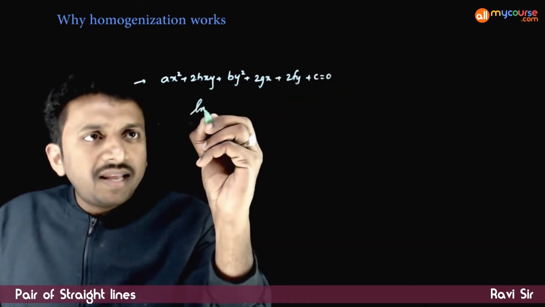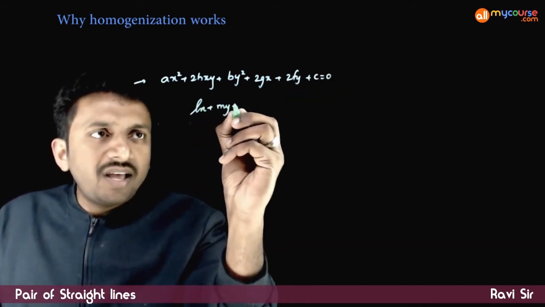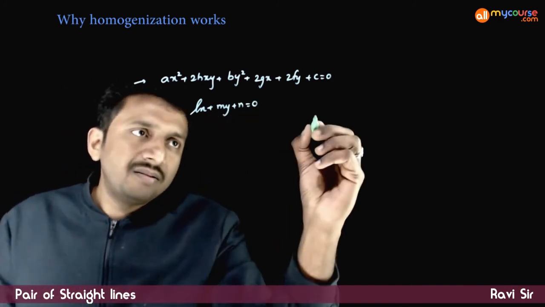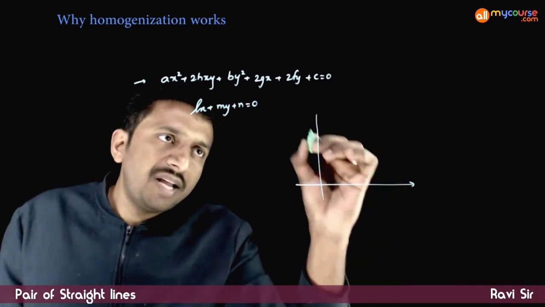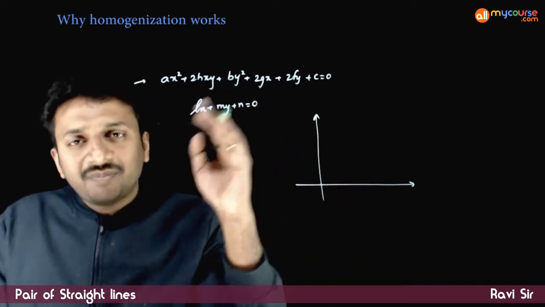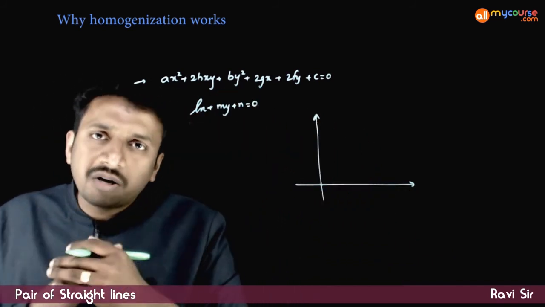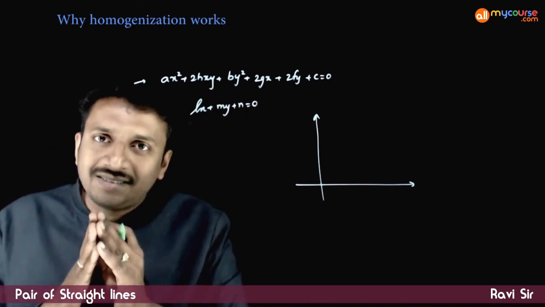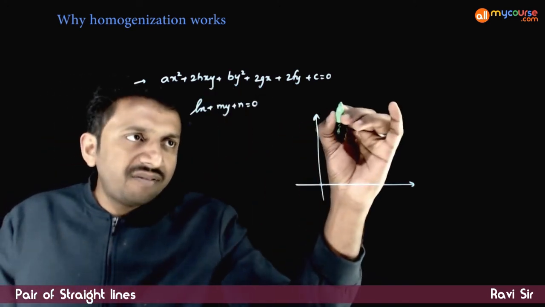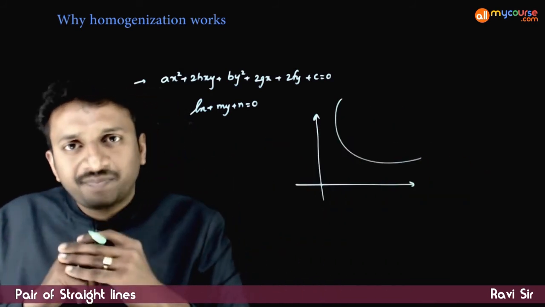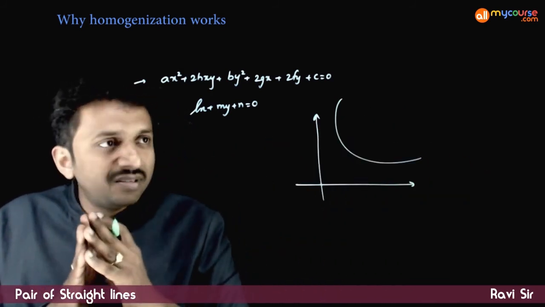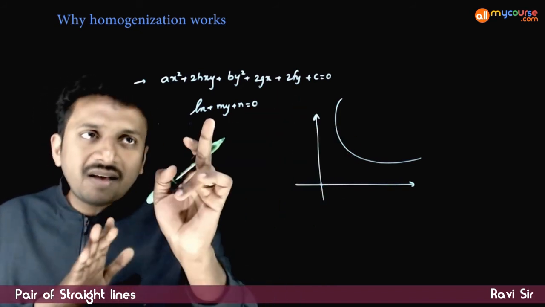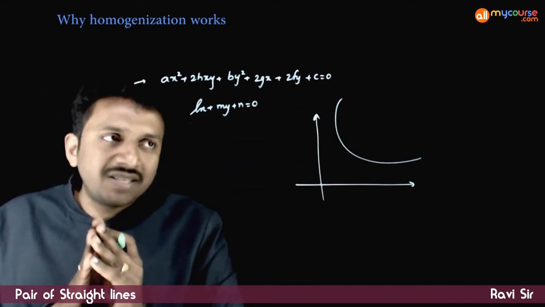You have a line lx plus my plus n is equal to 0. If you take the first curve, it might represent a pair of lines or might not, depending on what the value of delta is. Suppose that you have some curve which looks like this. It can be any curve. And you have a line lx plus my plus n is equal to 0.